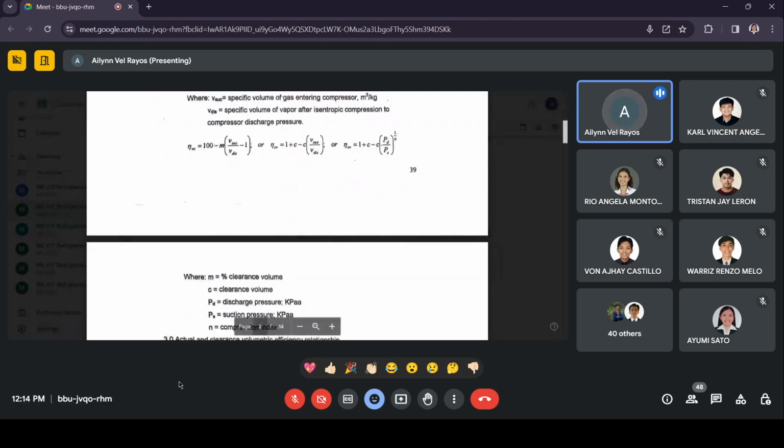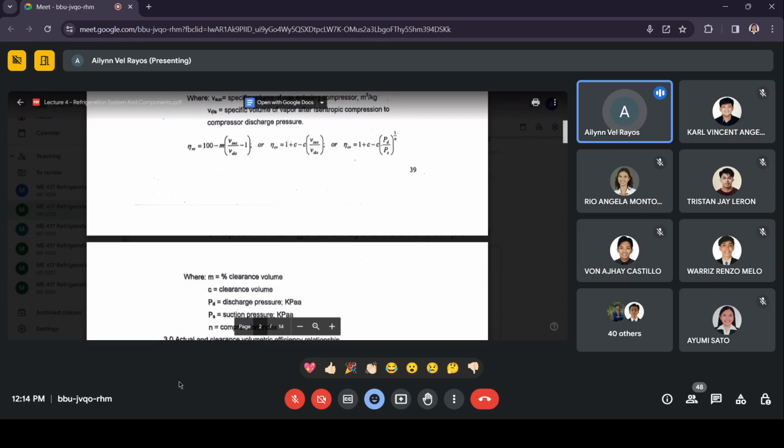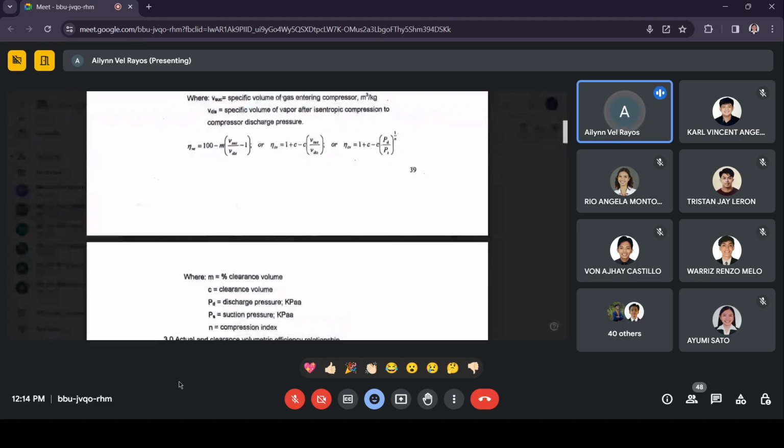M is the percent clearance volume, so it is in percentage only, meaning the clearance volume is multiplied by 100. The clearance volume itself is in decimal number.